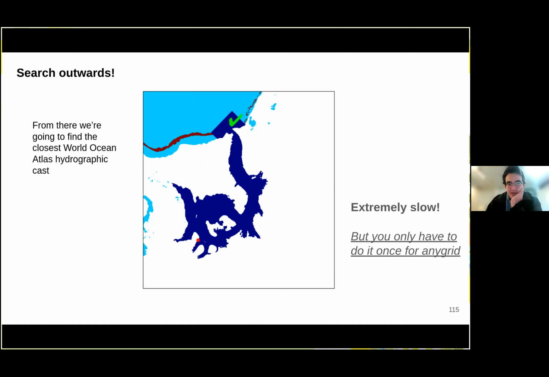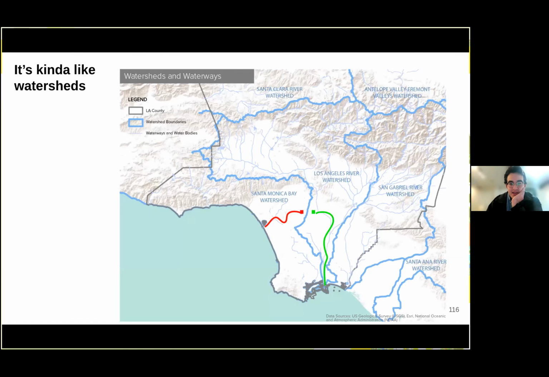So we've gone through that process to pick a hydrographic cast. And I think of it kind of like watersheds. This is Los Angeles. If you're at 2 points in Los Angeles and you dump out 2 cups of water right next to each other, they could flow to completely different bays, Santa Monica Basin, or down to Long Beach.